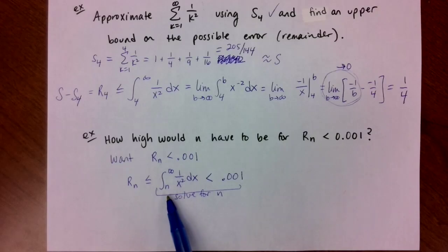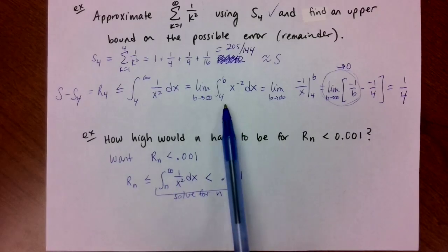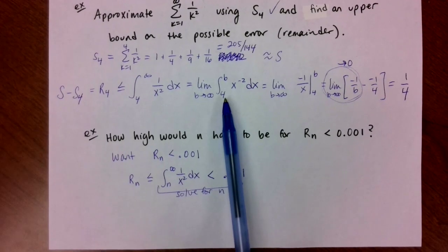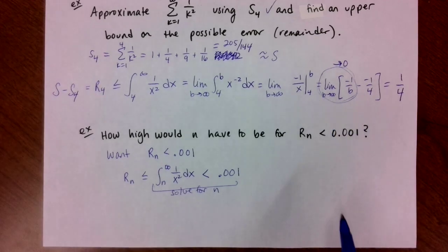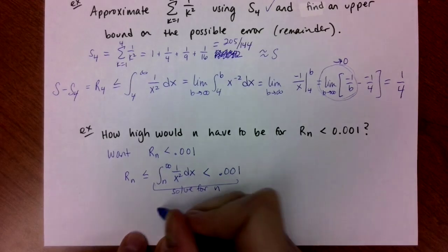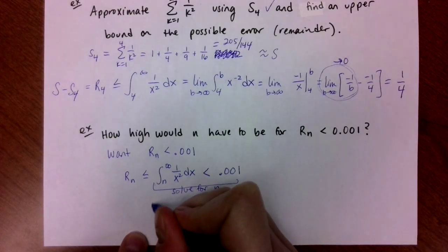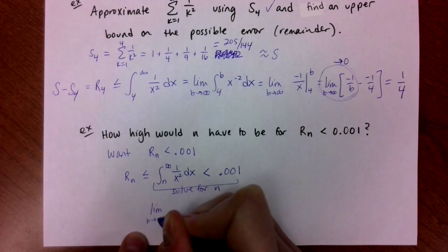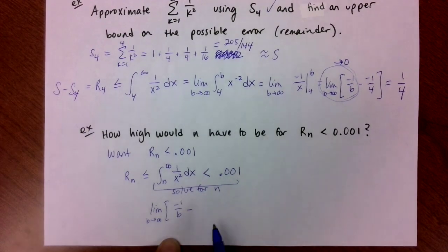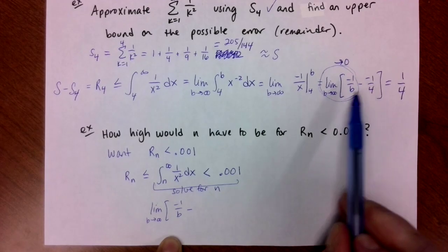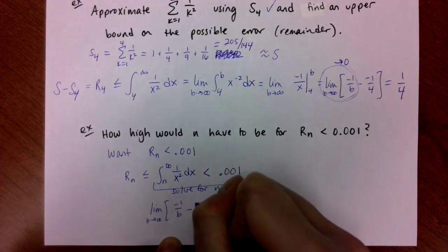So what I want to do is compute this as far as I can with an n in it as the lower bound. And really, I can rip off a lot of the work I did up here, right? This 4 being a 4 didn't really do anything until right here. So I'm just going to rip off what happened and say, okay, over here, it came out to the limit as b approaches infinity, -1 over b minus -1 over, and then instead of 4, it's just whatever n is.